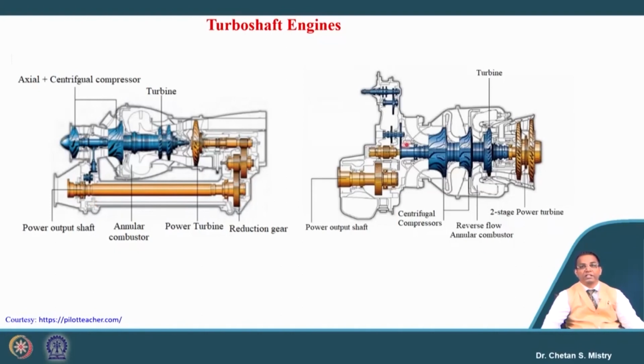Similarly, here we have two centrifugal compressors followed by this turbine, which mainly rotates these two compressors. On the back side, we have the free turbine. This free turbine has a shaft going inside, and that is connected with the power output shaft.